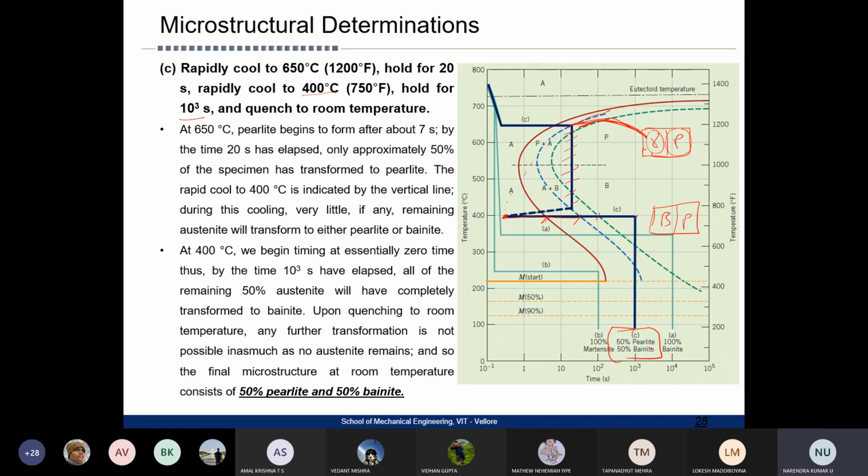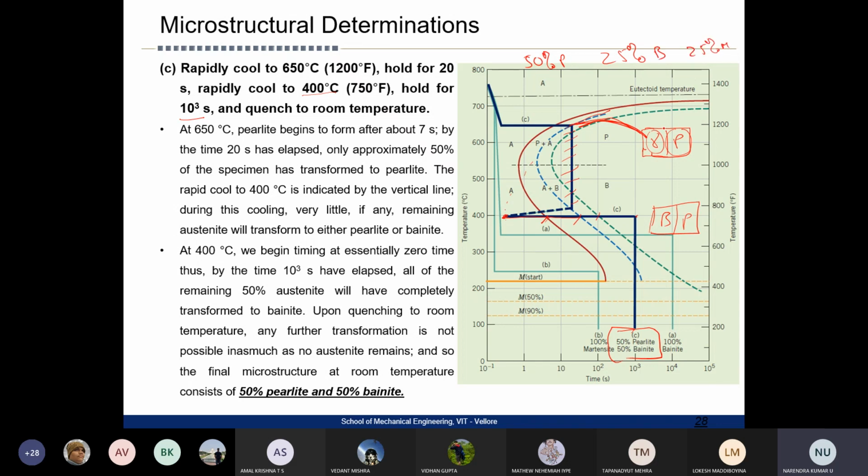Is it possible to have pearlite, bainite and martensite phases together? Yes, it is also possible. If you take the same curve, say I want 50% pearlite, 25% bainite and 25% martensite.